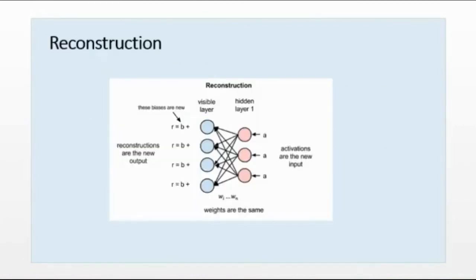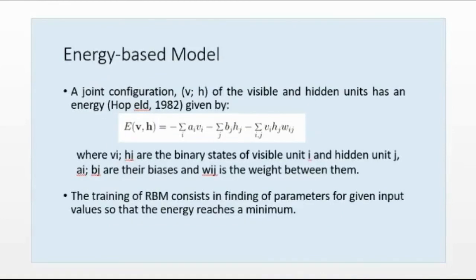To compare the two distributions, RBM is based on an energy based model. What is an energy based model? We have two layers, visible layer and hidden layer, and a joint configuration between them. This joint energy is given by the equation: minus a_i v_i minus b_j h_j minus v_i h_j w_ij. Here a_i is the bias of the visible node, and each visible node is multiplied by it, a_i v_i.